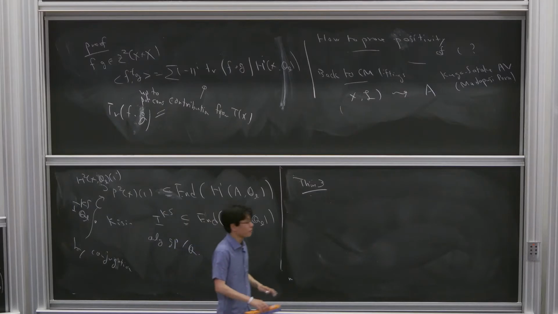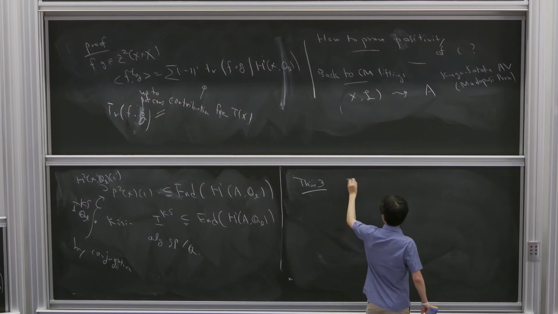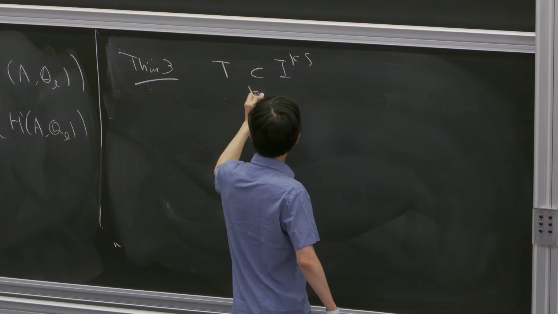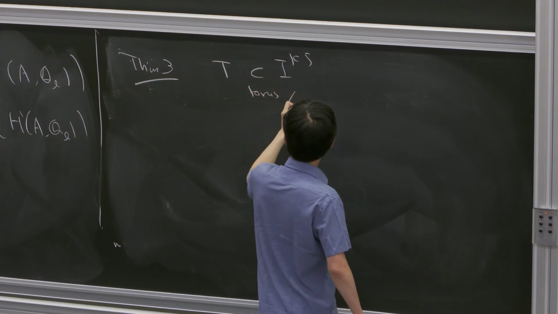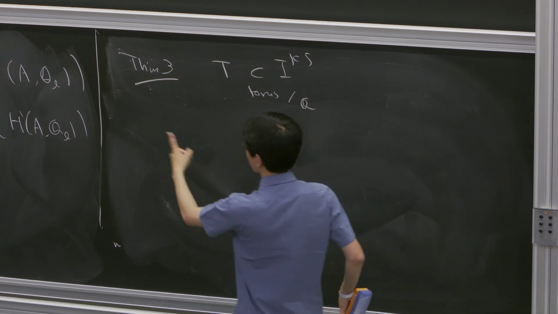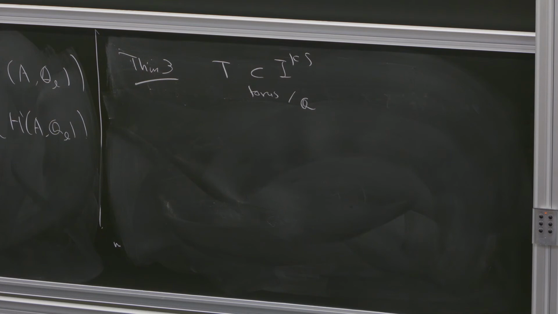I mean, this is still rough, but if you fix a torus T, then this acts on crystalline homology.